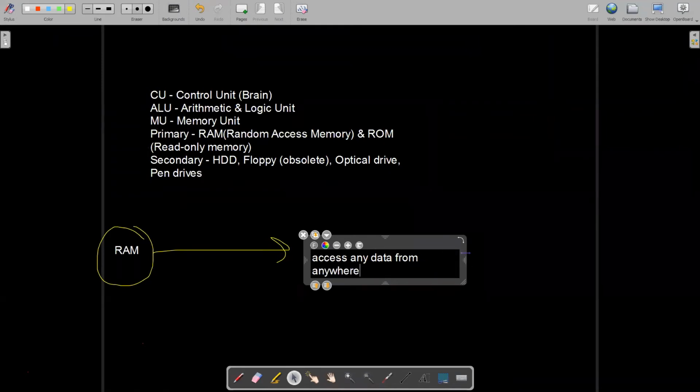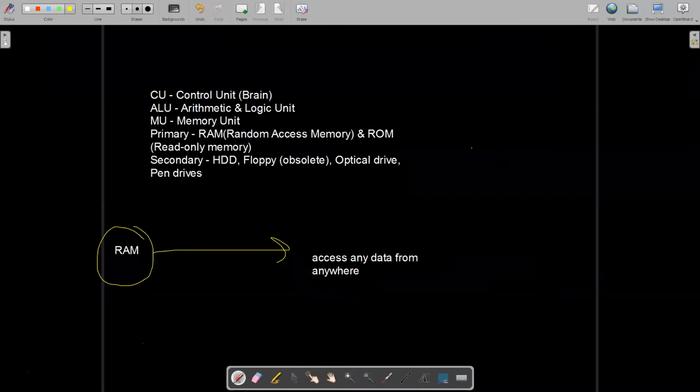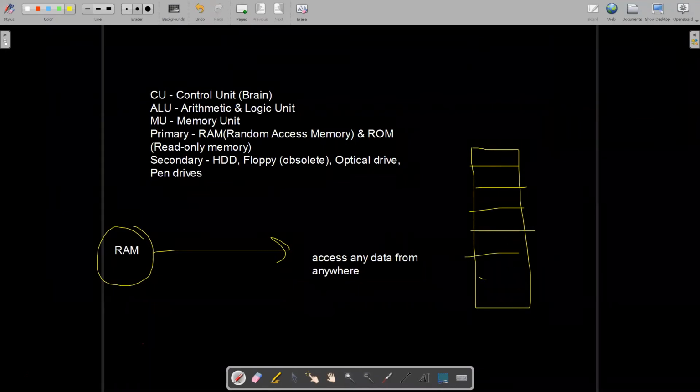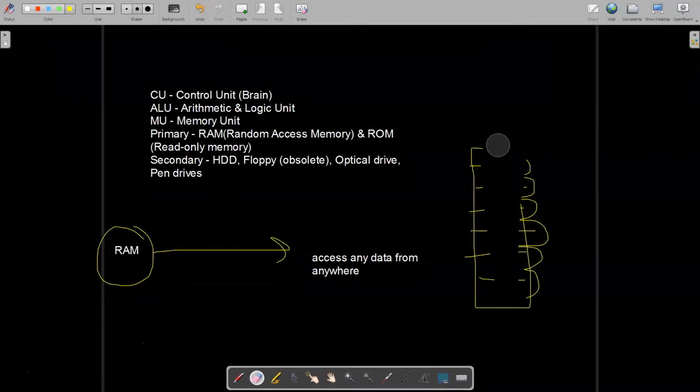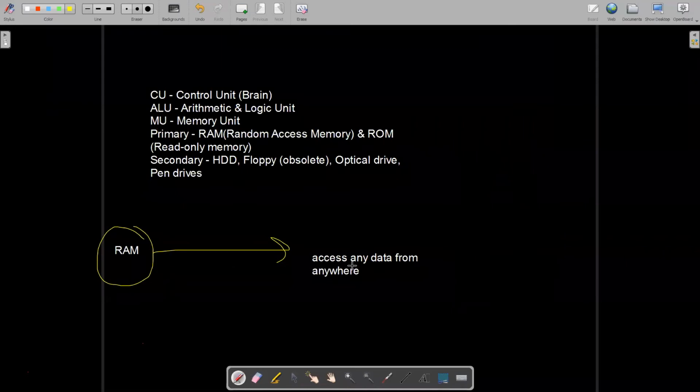You don't have to move sequentially. Data is normally stored in the form of blocks. You will have memory cells like this. So you don't have to start checking from the beginning, and you don't have to check each and every room over here. Rather, it enables you to access data from anywhere within the memory. That is the reason why it is known as random access memory.